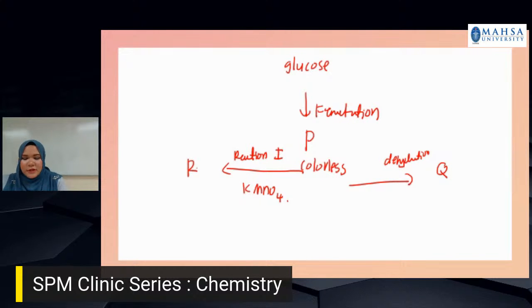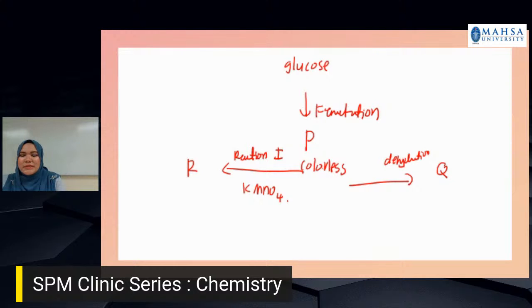And then the question is you need to identify reaction 1. Okay, so always remember that fermentation of glucose will produce alcohol and carbon dioxide. So the information that we can get from the question is colorless.